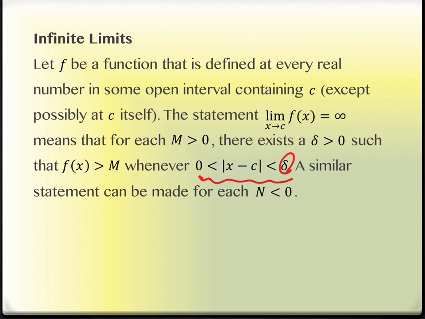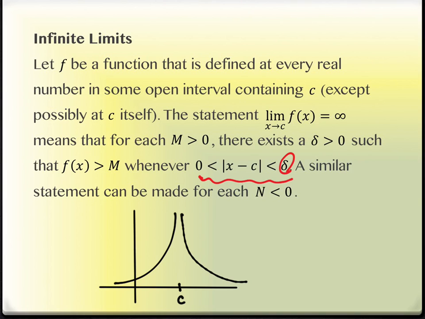So the picture that we're going to have that's going to go with this looks something like this. Let me get the right tool up. And the possible c value that it's referencing is right here.